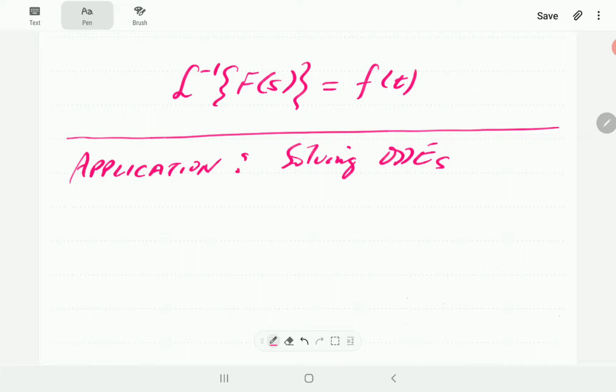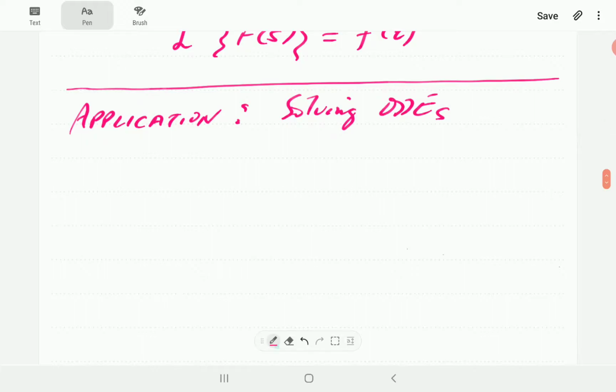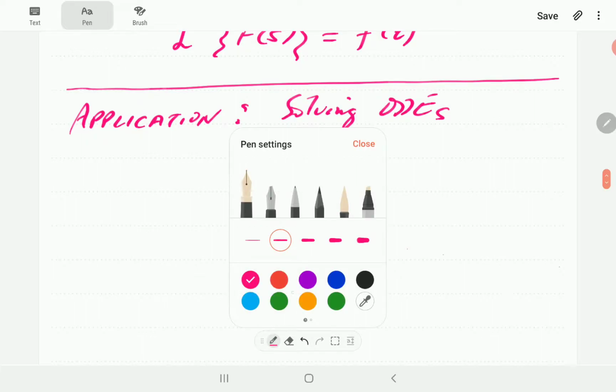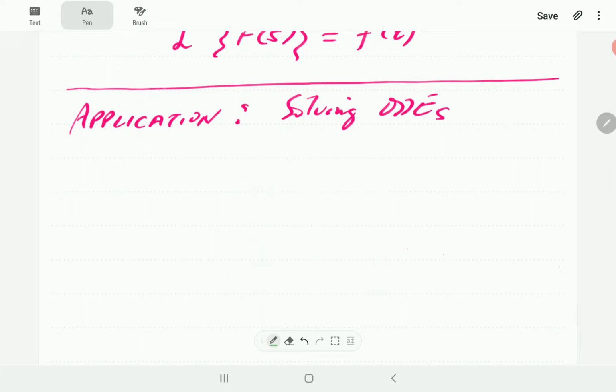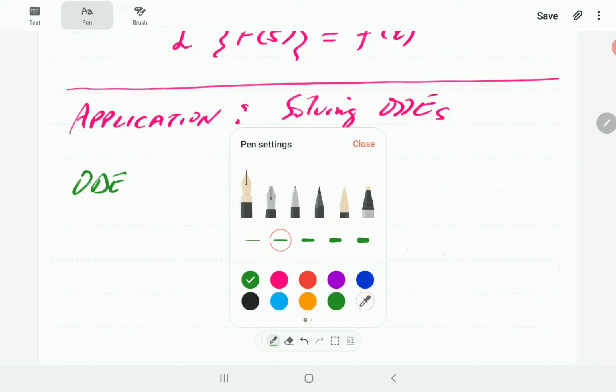I'm going to make a schematic of what happens.